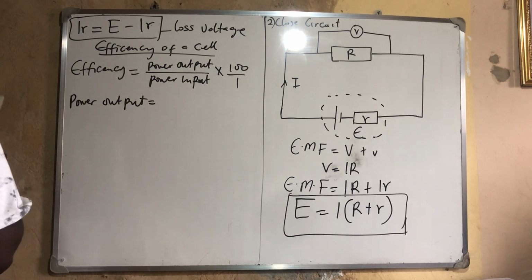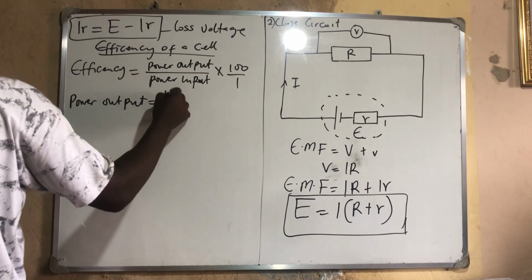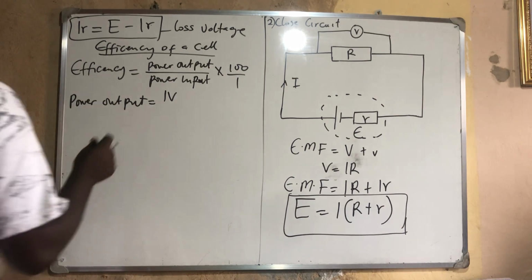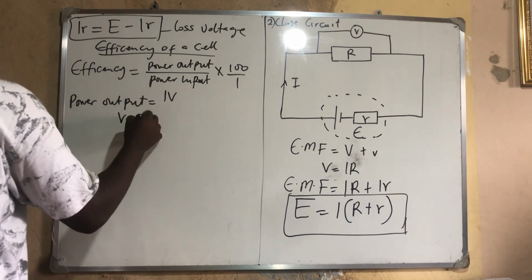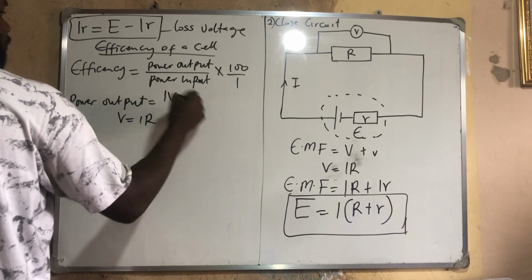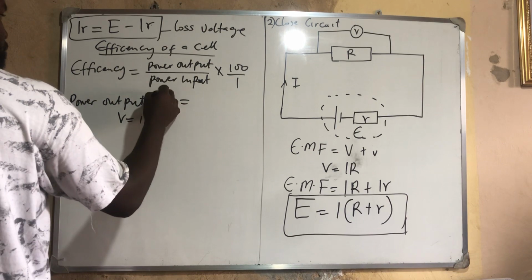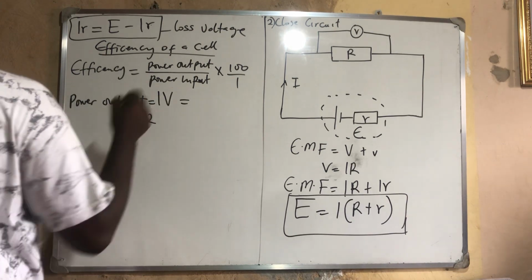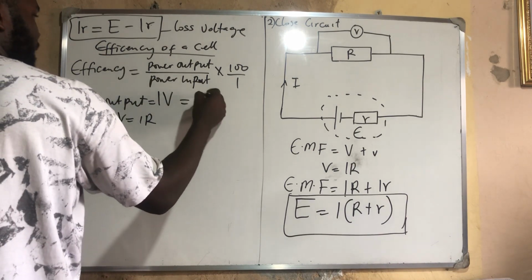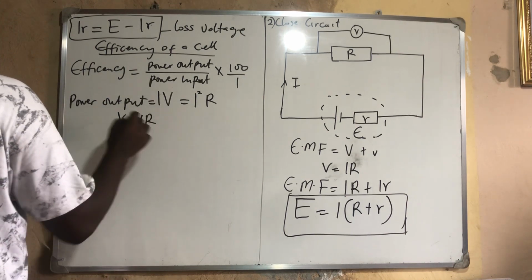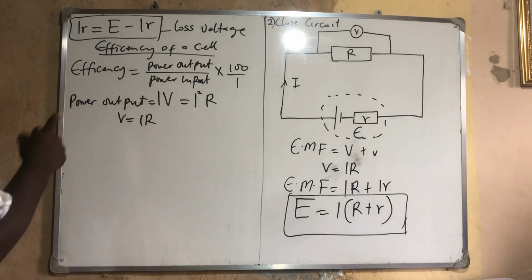Hence the power output is IV, and you know that power is equal to IV. And what is your V? V is equal to IR. So if you put it here, the power output is I times another IR, which will give you I squared big R. So that is your power output.